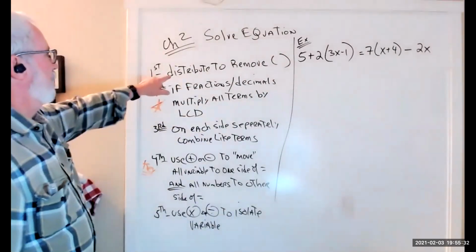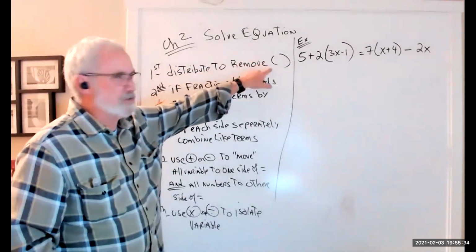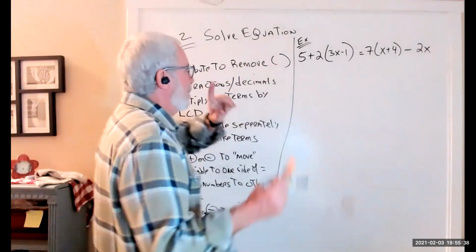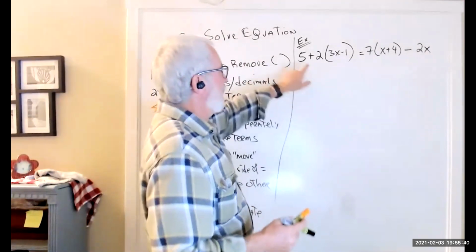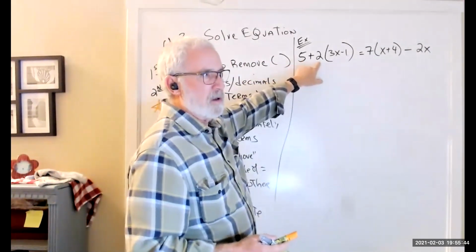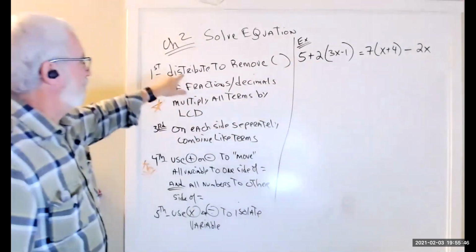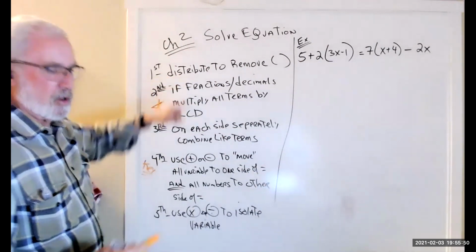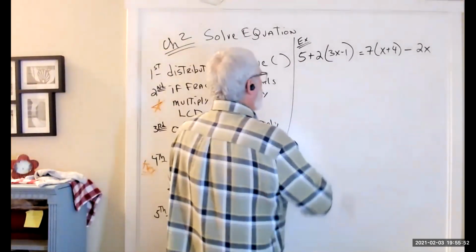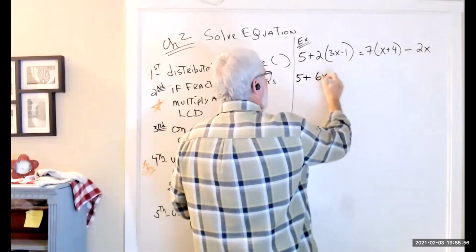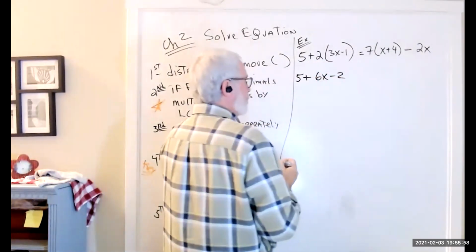First step, distribute to remove parentheses. Okay, let me back up. A lot of people would want to go 5 plus 2 is 7. First step, distribute. You got to do these in order. So my first answer would be 5 plus 6x minus 2.